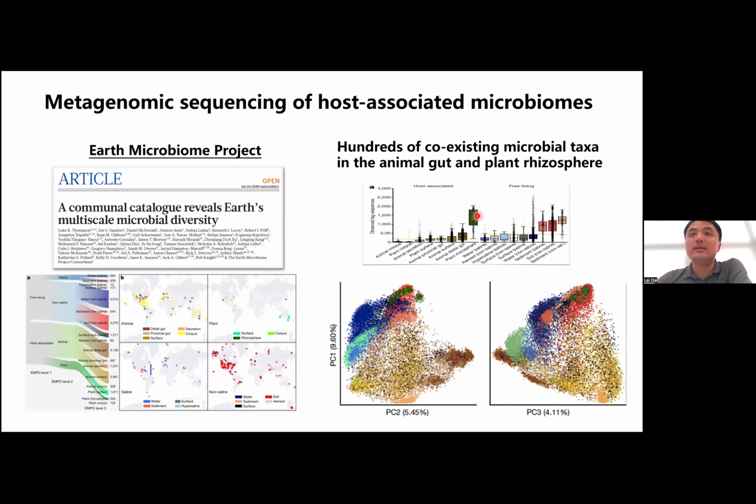The highest is the plant rhizosphere, which is the area close to plant roots, and also the animal distal gut, so there's a huge diversity. Also, on this principal coordinate analysis, you see that different niches have different sets of assembled microbial communities, and apparently they adapt to that type of ecological niche.